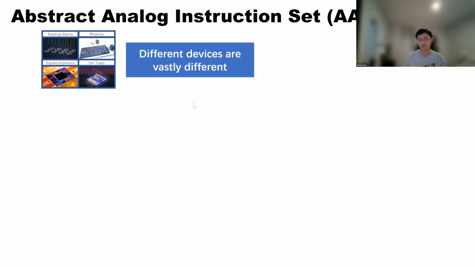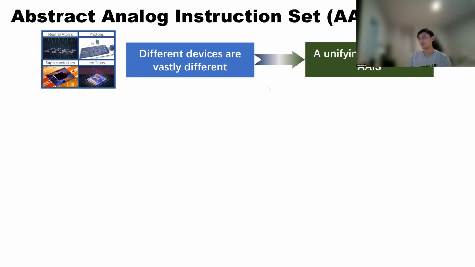This motivates us to provide a unifying description called AAIS, which exposes the necessary information the compiler needs to know how to simulate a target system on the device.